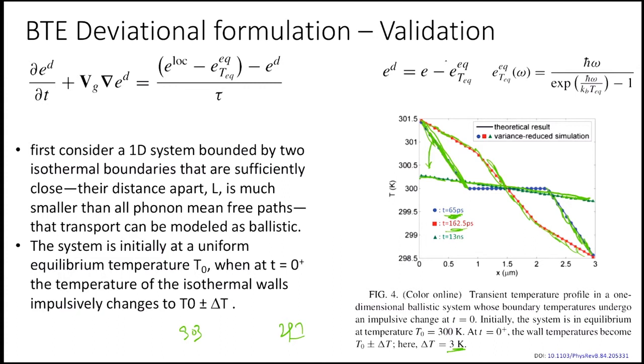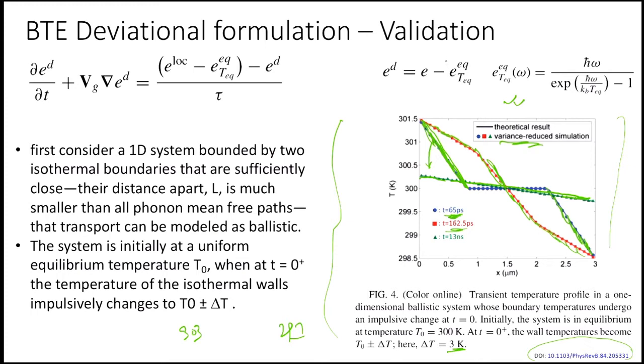There is an analytical solution to this problem, which is given in this paper. The solution you get from the Monte Carlo simulation is exactly the same. This solid line you are seeing is the theoretical result, obtained by explicitly solving this equation in one dimension. The markers are the variance reduced simulation.